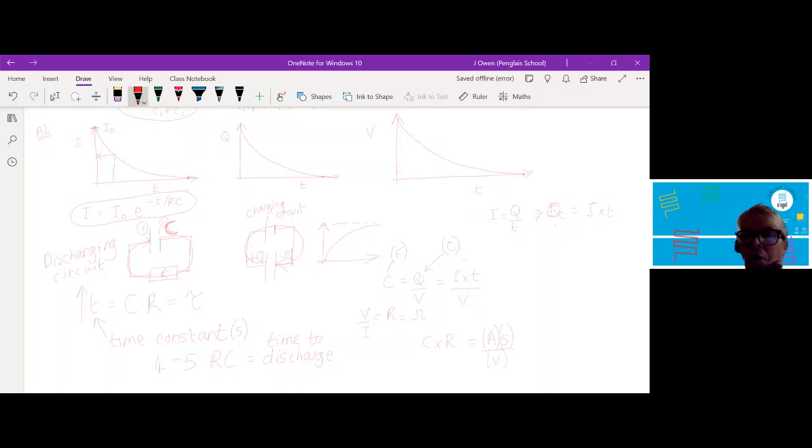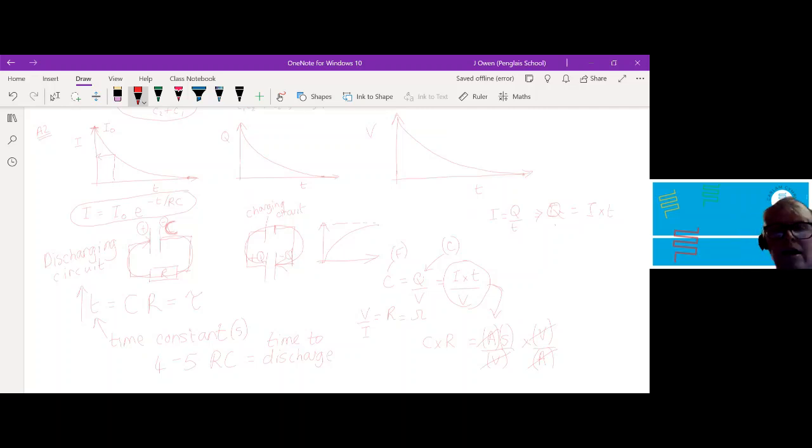That's all of the capacitance times the resistance. Now the resistance is given by voltage divided by amps. And now look, I can cancel: cancel the volts, cancel the amps, and I'm left with the seconds. So the product of capacitance times resistance for a discharging circuit gives us the time constant.